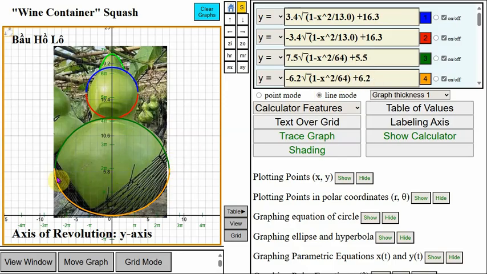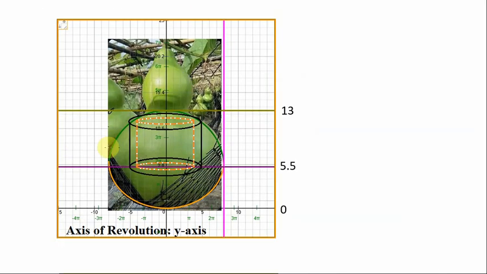So let's find the volume for the upper half right here. For this part, this line is y equal to 13, and right here, this is y equal to 5.5.